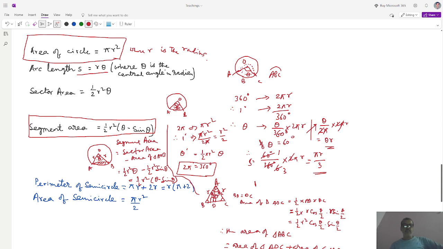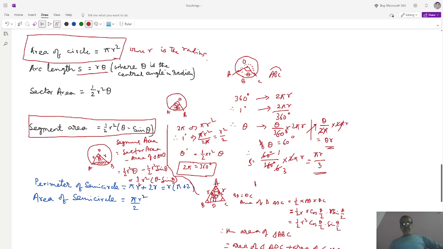This triangle OAB is drawn here as ABC. Here OA equals R and OB equals R. Here AB and AC equal R. So these two triangles are similar, and this angle theta and angle BAC equal theta.